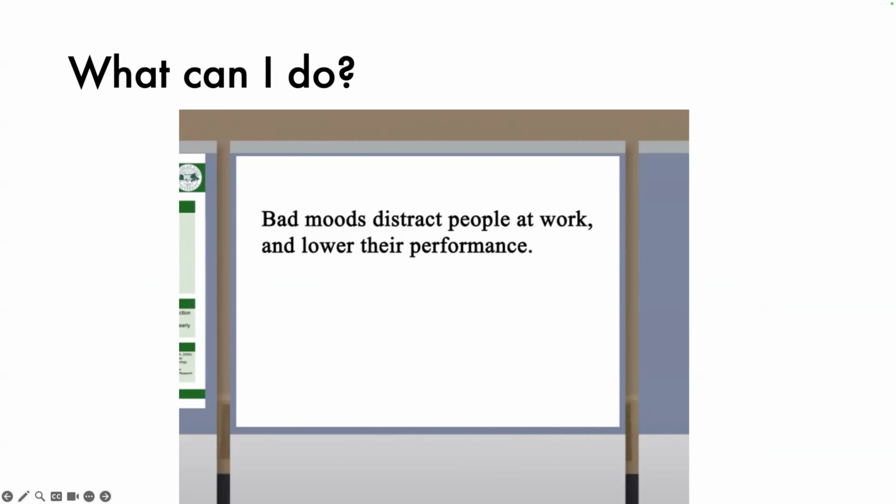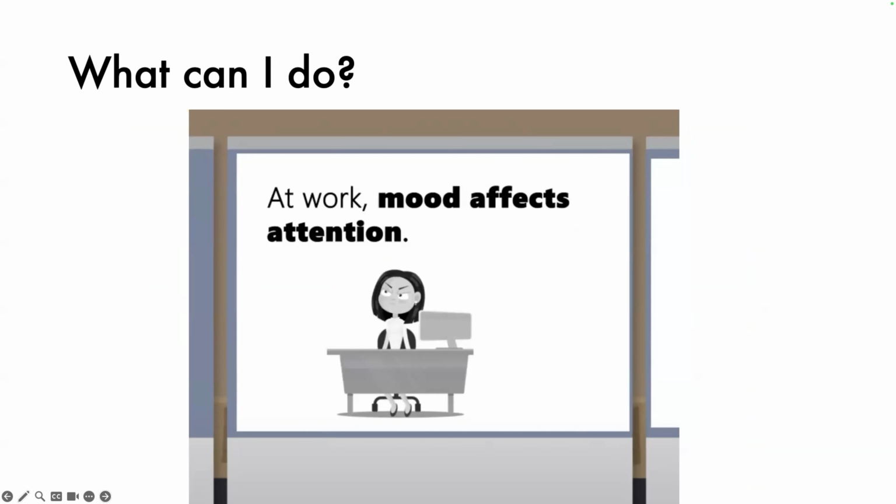So the easier you can make it for the viewer, the better. If they don't have to translate it in their head, if you already translate it for them, that'll make it a lot easier. So perhaps in this example, instead of saying "bad moods distract people at work and lower their performance," you can simply say "at work, mood affects attention." That conveys your message a lot quicker to your viewer.